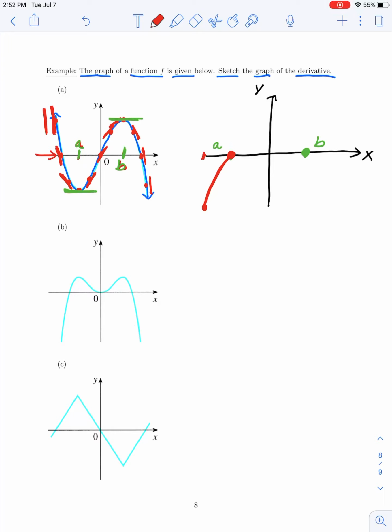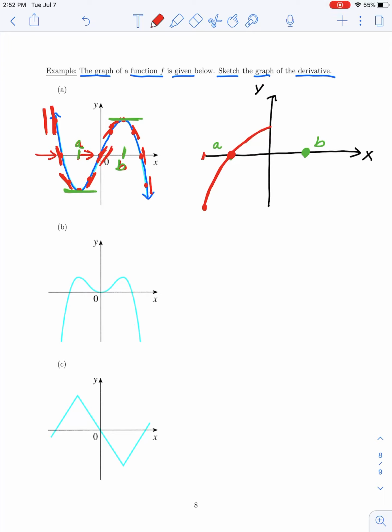Now, once I pass through that value x equals a and I keep moving to the right, now the slope of our tangent lines becomes positive. So the graph of our derivative starts to rise above the x-axis, so we have positive values for our derivative, up until I hit x equals 0.